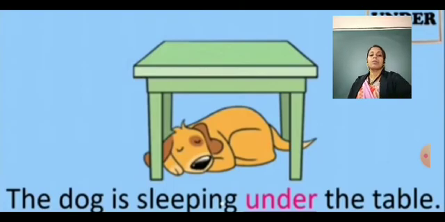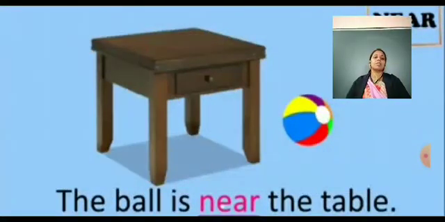Okay, so now I would like to discuss the preposition near. नियर मीन्स के पास या नज़दीक. तो जब कुछ भी हमारे आसपास में होता है तो हम वहाँ पे नियर प्रीपोजिशन का यूज़ करेंगे. जैसा कि आप देख सकते हो, you can see in the picture that there is a ball and the ball is near the table. Okay, so what can you say? The ball is near the table. Okay, so when a person or a thing is near to you, there you can use the preposition near.